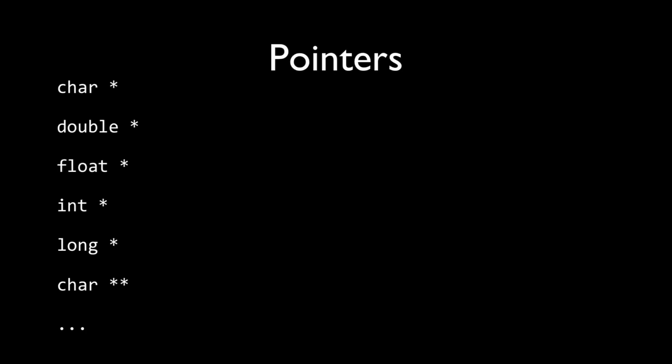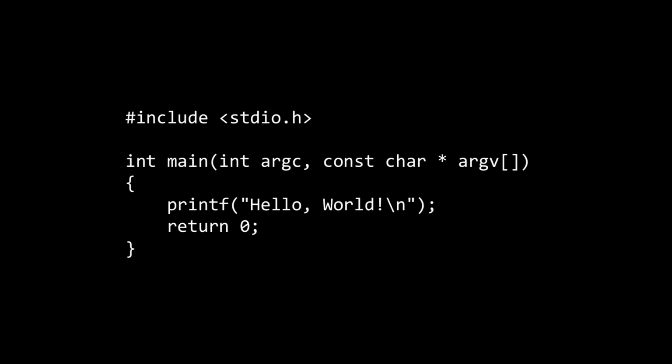And just for fun, I threw in at the end that char star star is also an example of a pointer. It just happens to be a pointer that points to a pointer that points to a char. A good example of that is our command line arguments, argv.